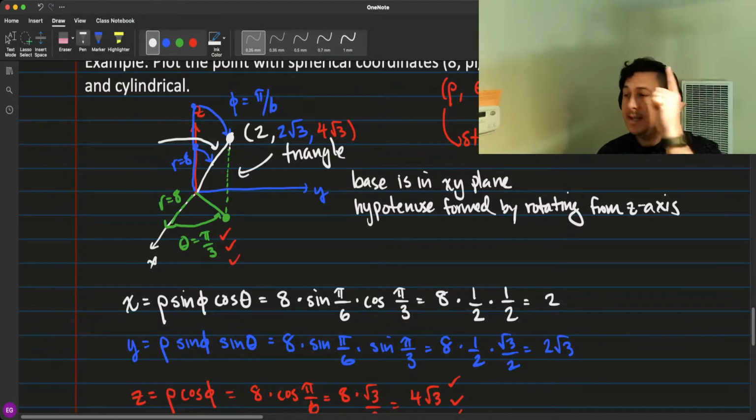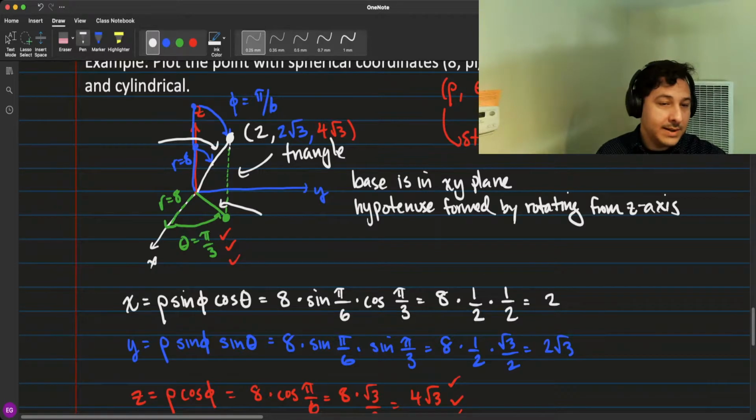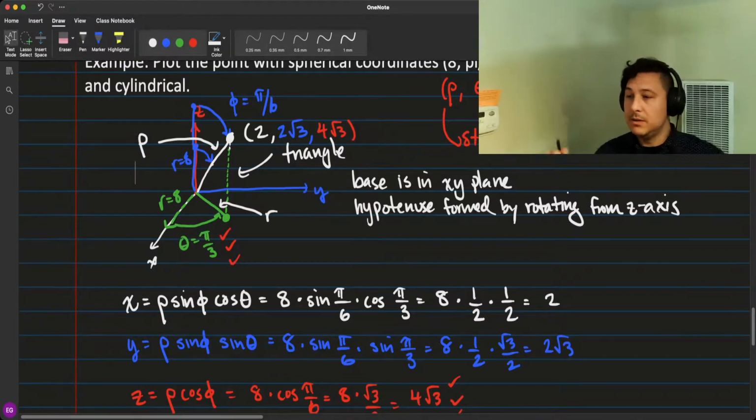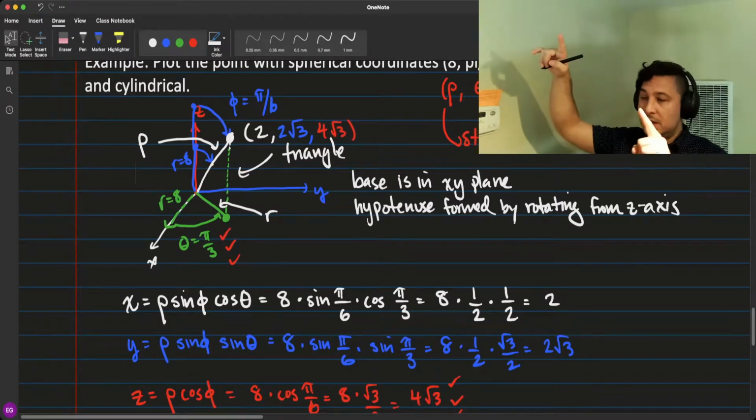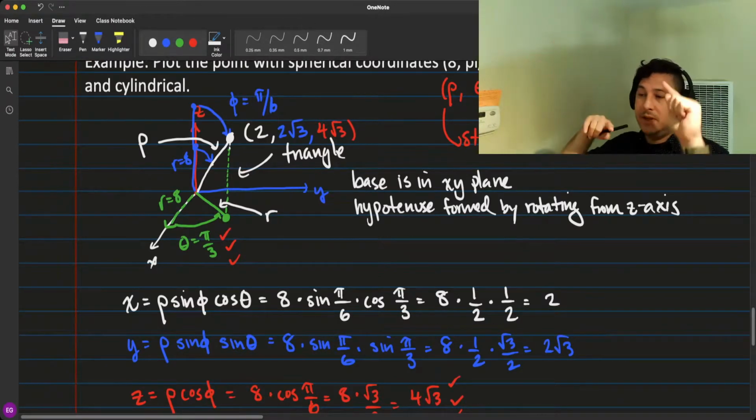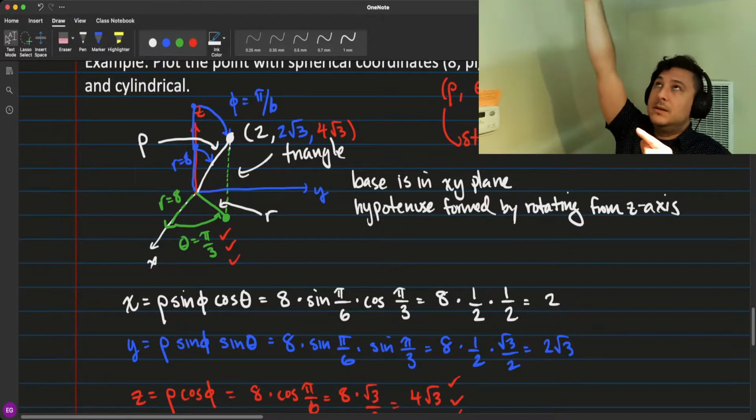But r is a distance in the xy plane. R is this red line. It's not 8 because rho is the distance from your point to the origin. R is the distance from the origin to the projection of that point into the xy plane.